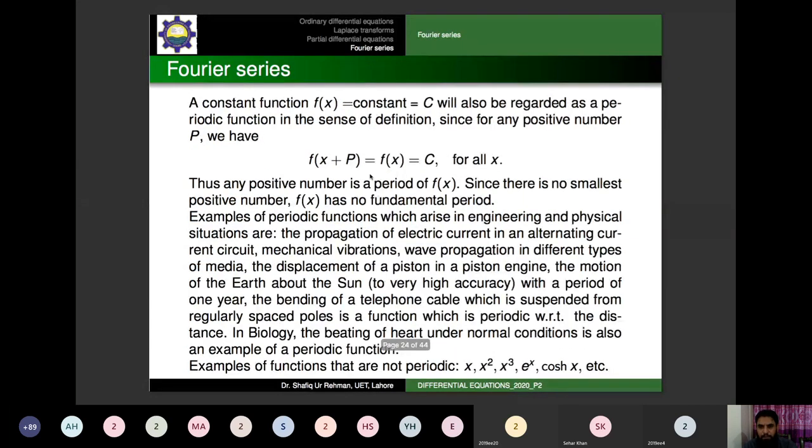Constant function is always going to be a periodic function, but there is no smallest possible value to be discussed as the fundamental period of a constant function, because when we talk about the graphical representation, constant function is going to be a straight line parallel to the x-axis. So what is going to be the smallest possible portion of that line?